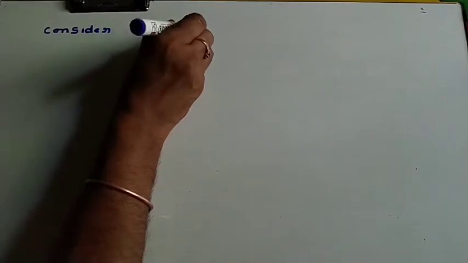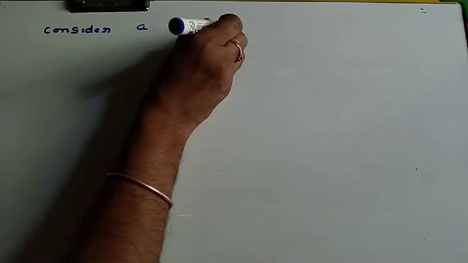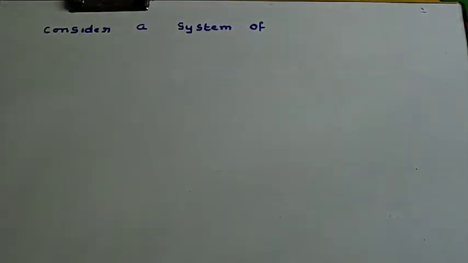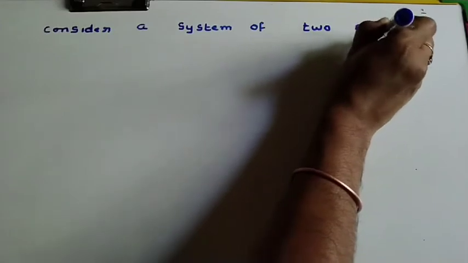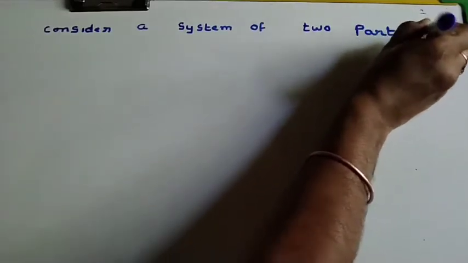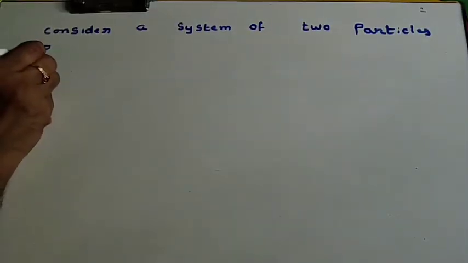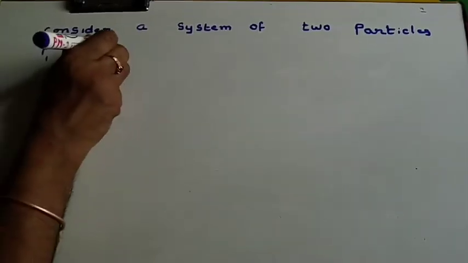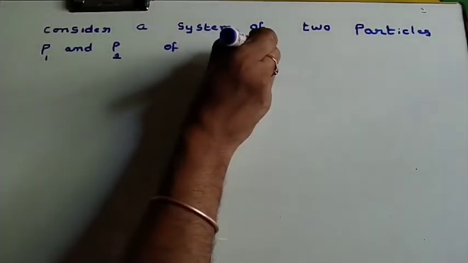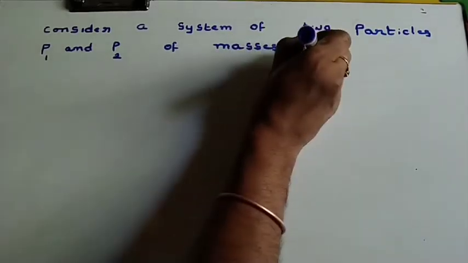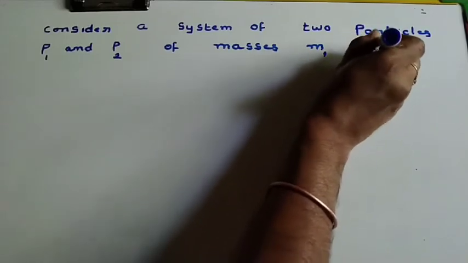Now consider a system of two particles P1 and P2 of masses m1 and m2.